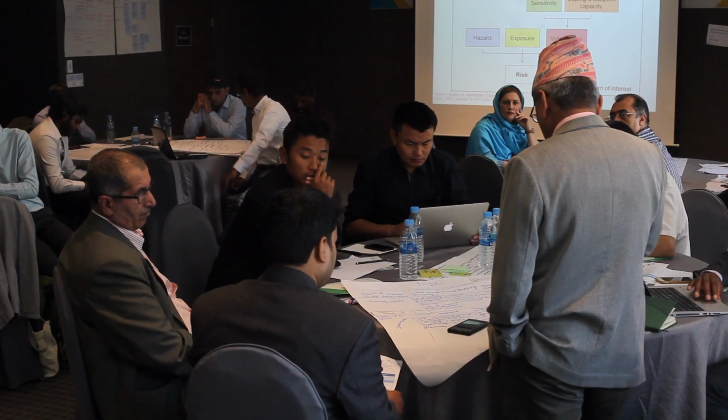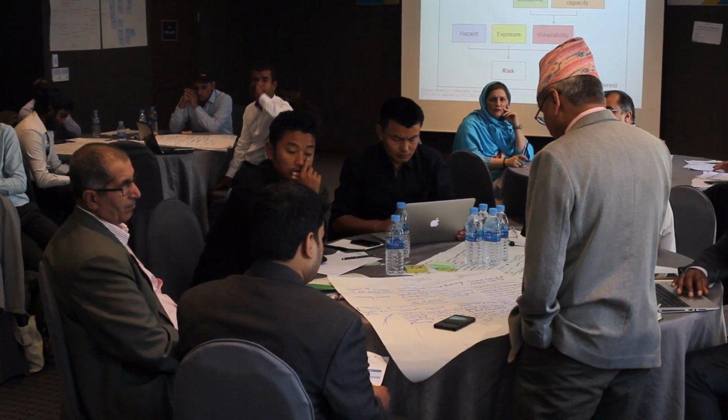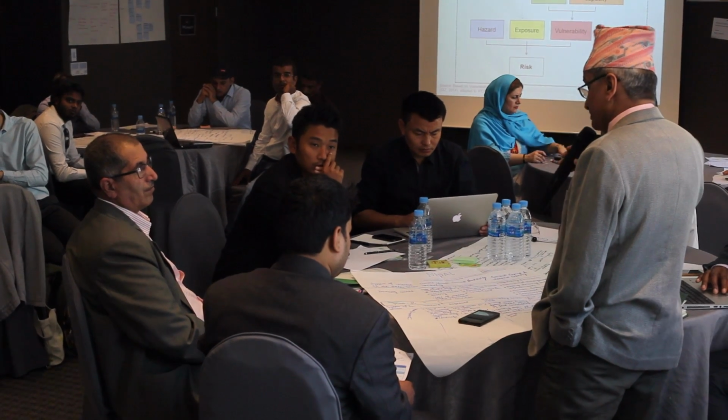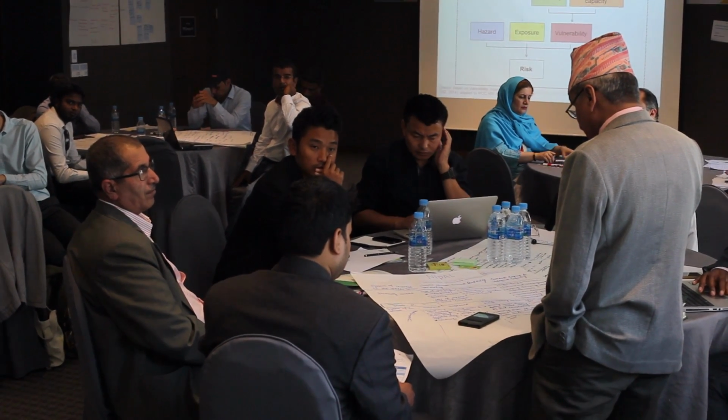Lowering of the groundwater level, the water table, we consider medium, and the people and animals, all the living beings, are vulnerable. We have also experienced internal migration due to loss of drinking water.